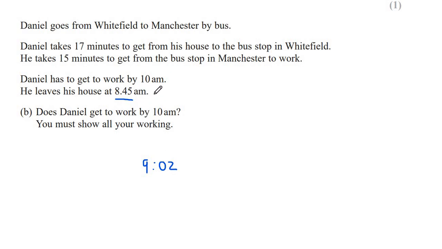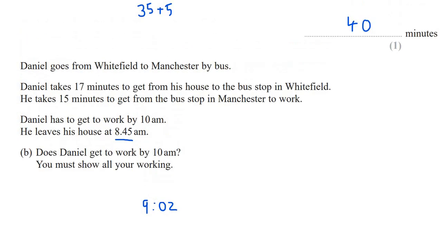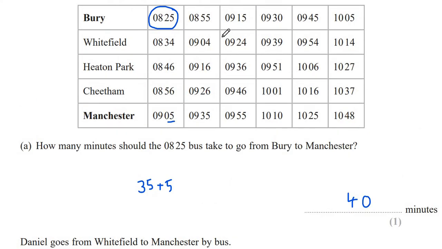If you add 17 to 45, you reach 9:02. When he reaches the bus stop at Whitefield at 9:02, he will be able to catch the bus at 9:04 from Whitefield. And then he is going to arrive at Manchester at 9:35.